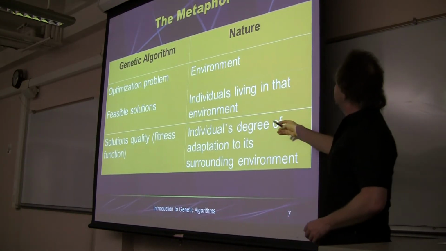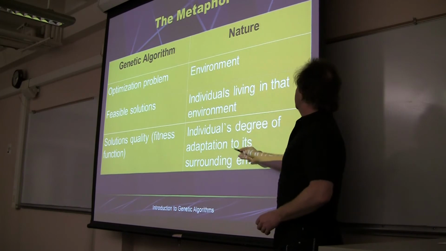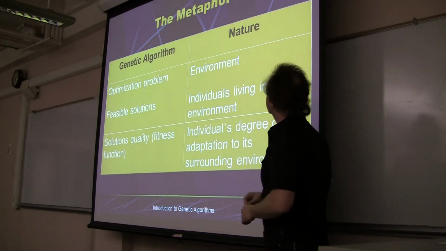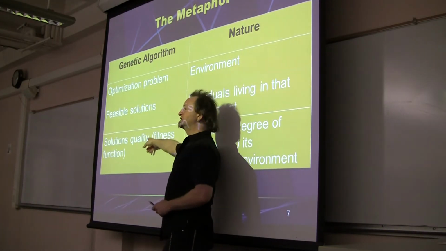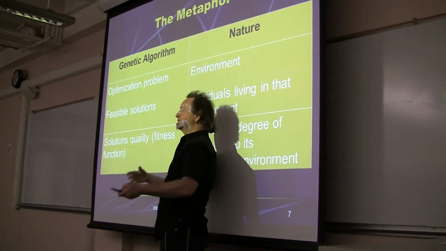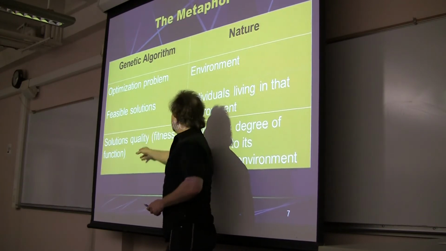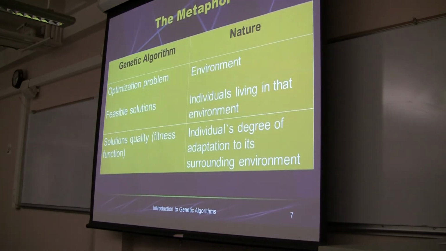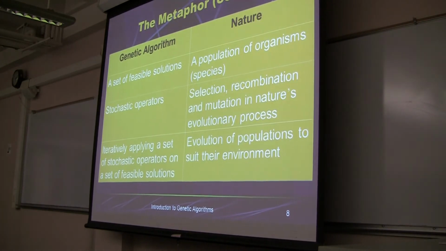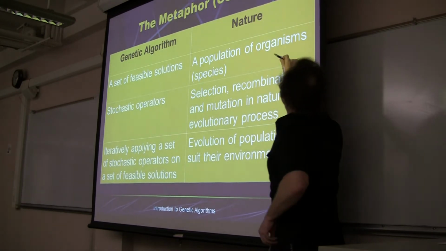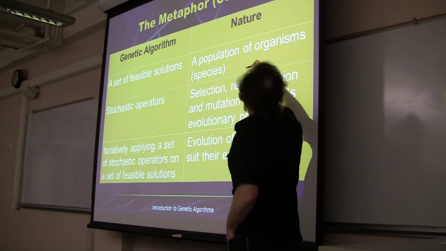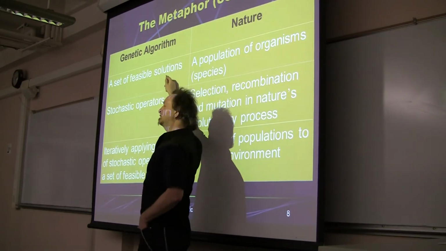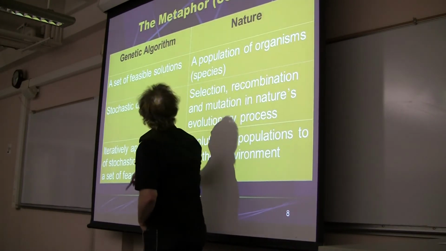Each individual in nature is adapted to their environment. They may be particularly suited, or poorly suited. Here we have towers that may be strong and cheap, or poor towers that are weak and very expensive, but we can assess how good those towers are. In nature we have a population of hundreds of thousands of animals or insects. Here we have thousands and thousands of towers.